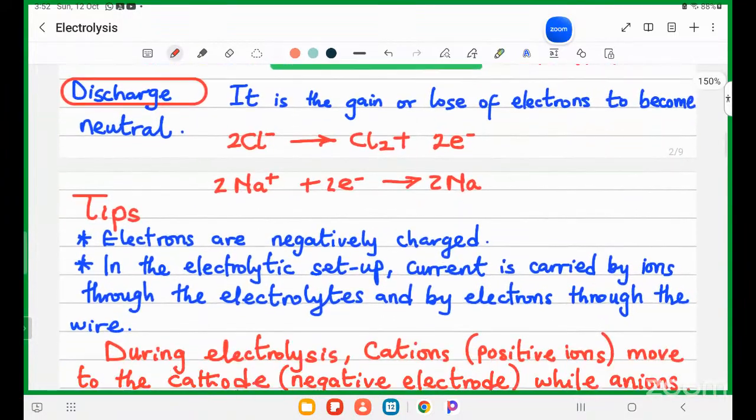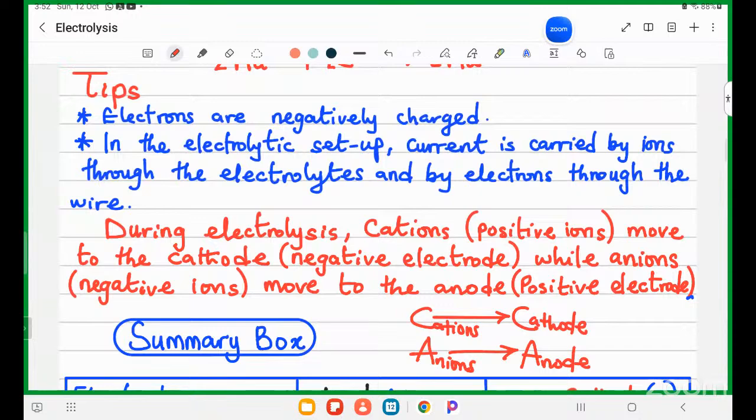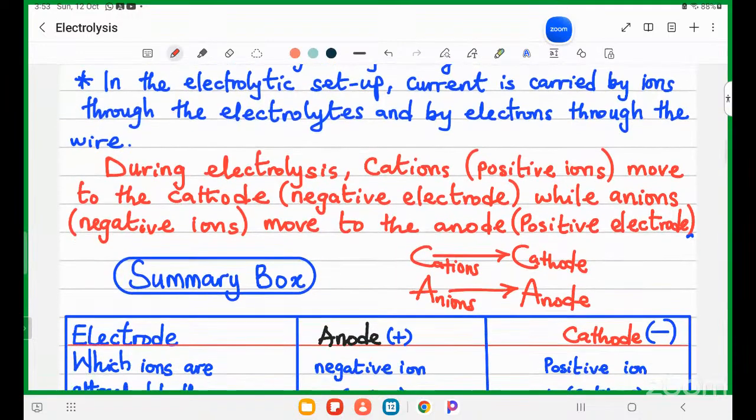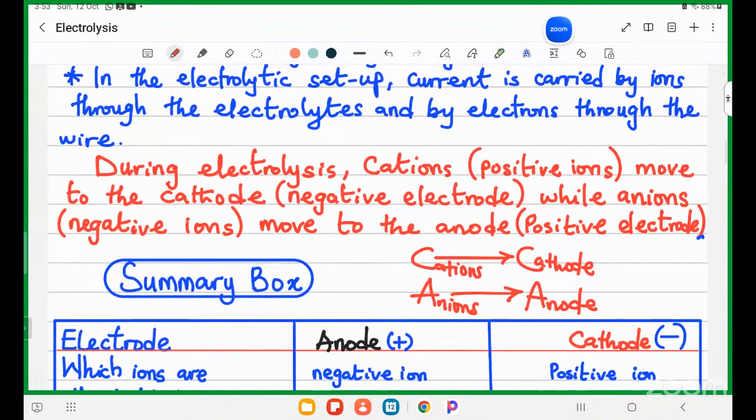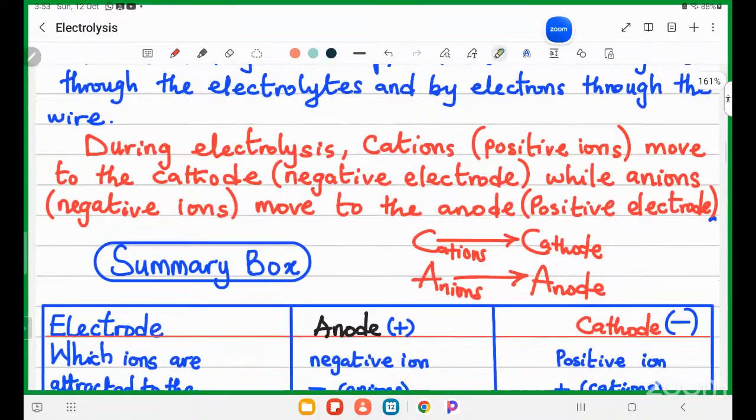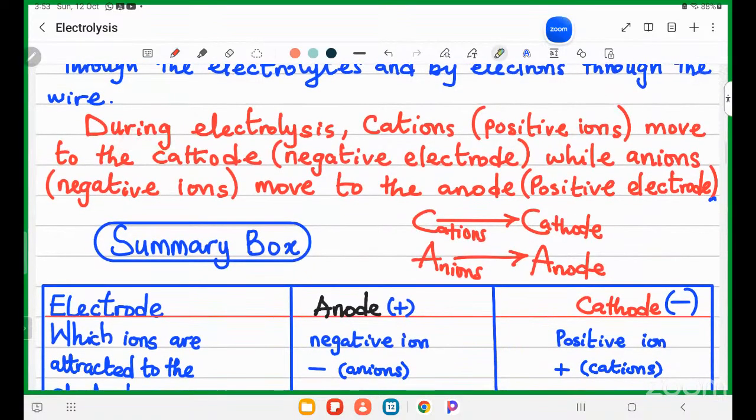So now, to explain further, they gave us a note here to comprehend effectively the concept or the mechanism of electrolysis. Here we have that during electrolysis, cations, you know what cations are, right?